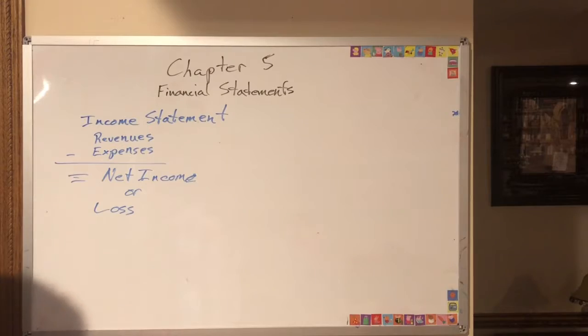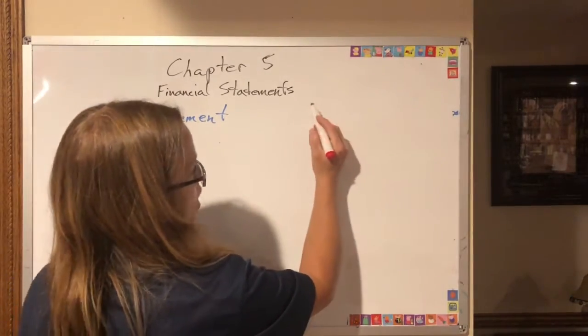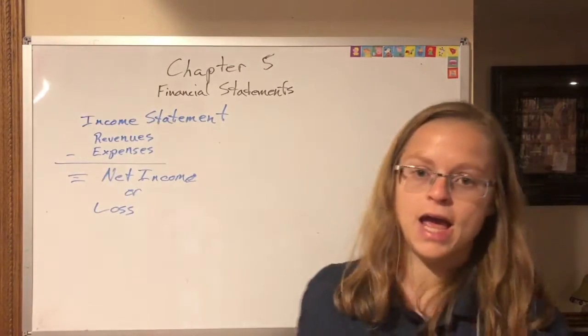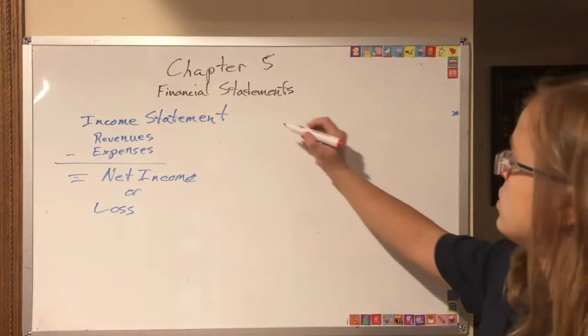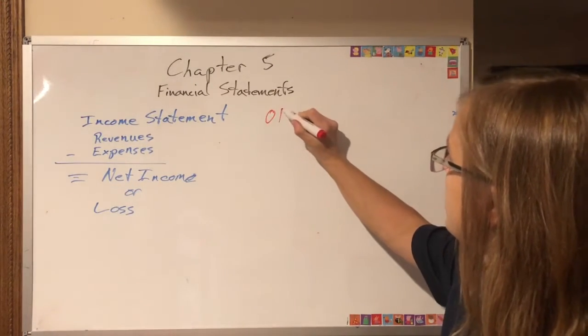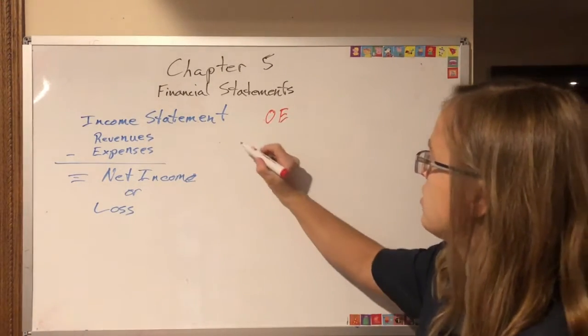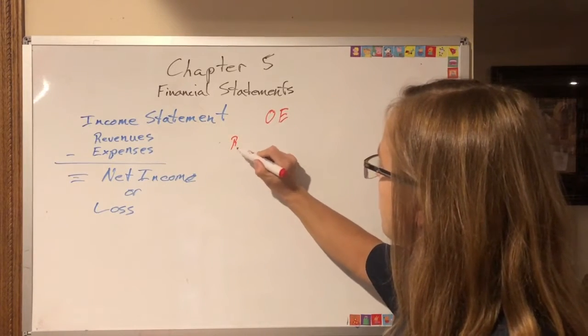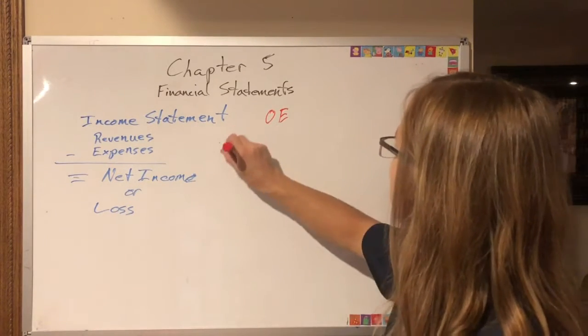Owner's equity, I'm going to abbreviate owner's equity as OE. So you see owner's equity is the previous capital.